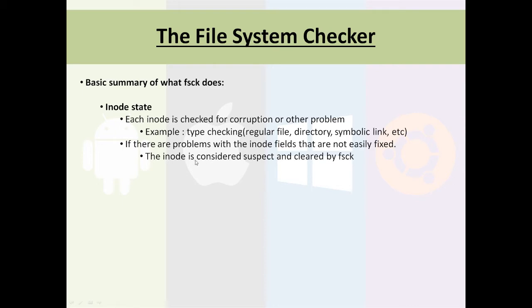If there are any problems within the inode fields that are not easily fixed, the inode is considered suspect and cleared by fscheck. Cleared, like freed, and then the inode bitmap is updated correspondingly.